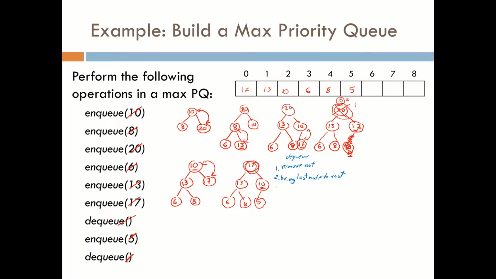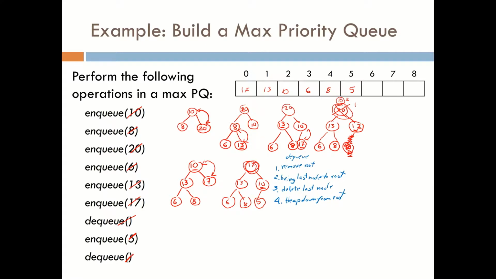Okay. Step 3 is delete last node. And step 4 is to heap down from the root.